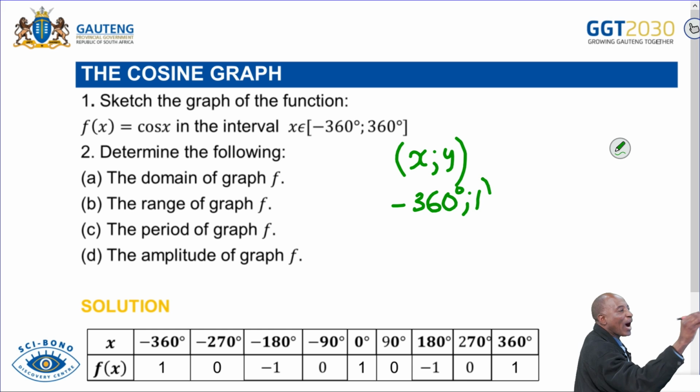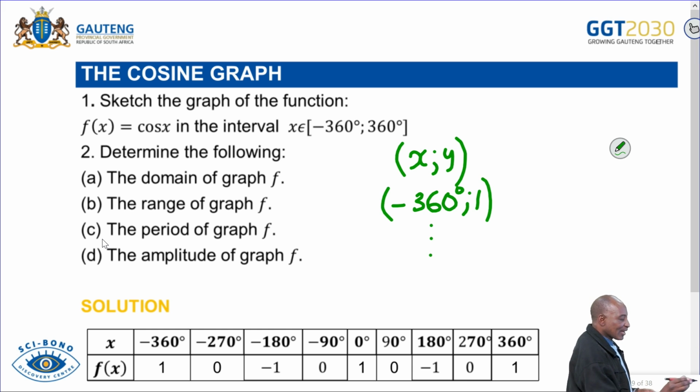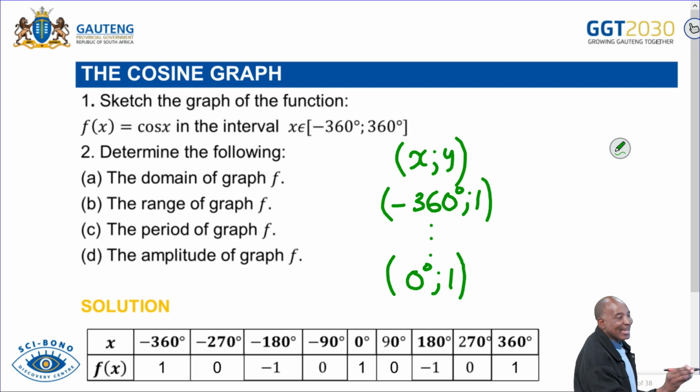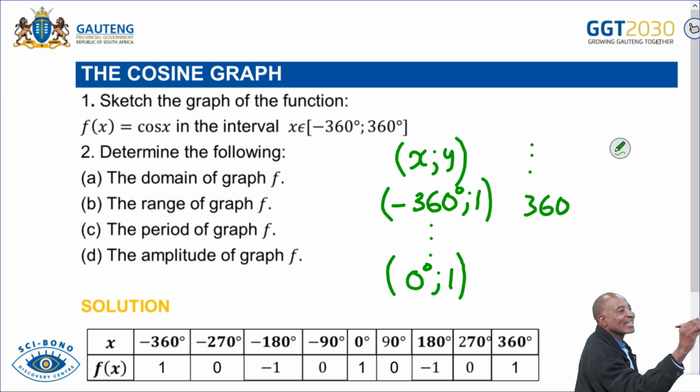It goes with a 1, and so on, listing all of them. When I am at 0 degrees, my y value is a 1, and then it will continue and so on. When I am at 360 degrees, the last point, my corresponding y value will be a positive 1.